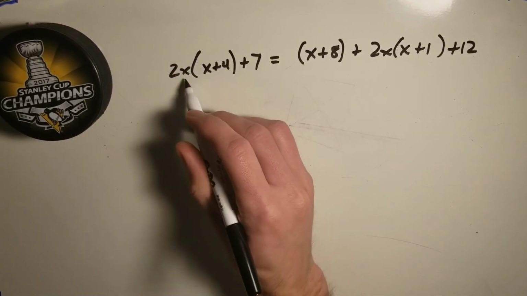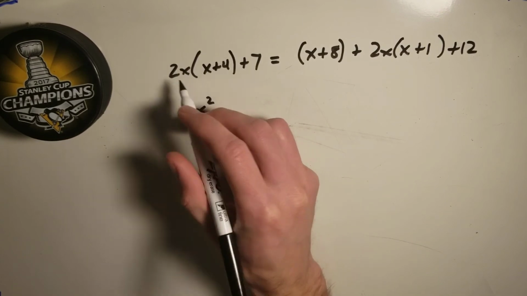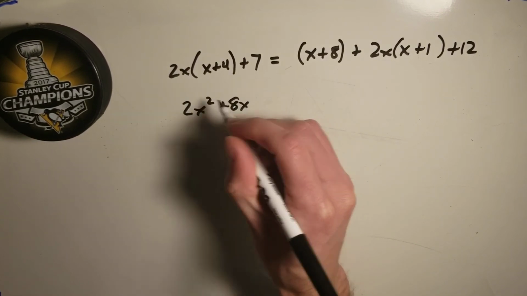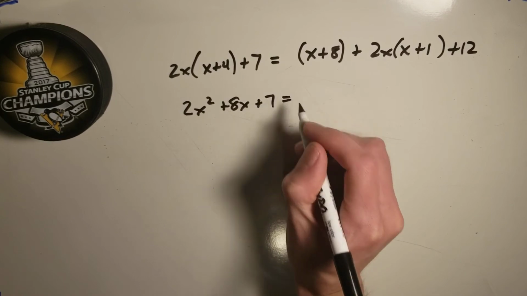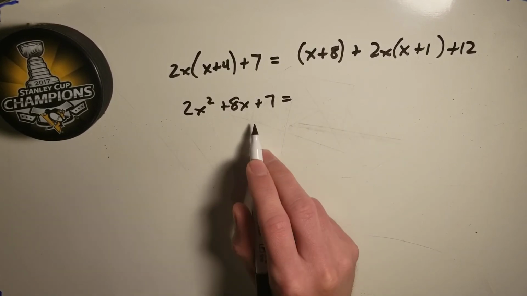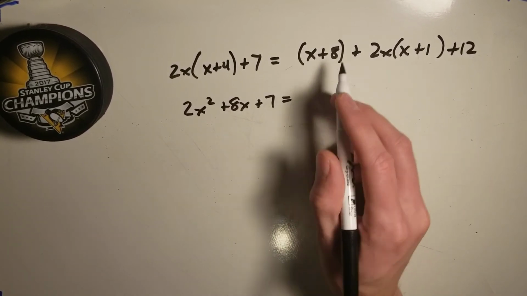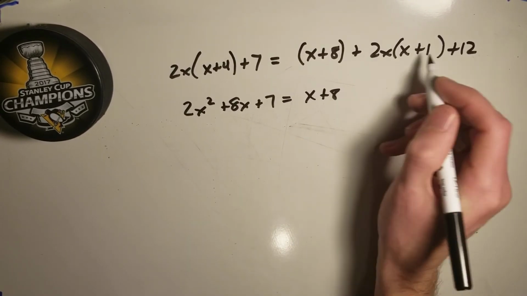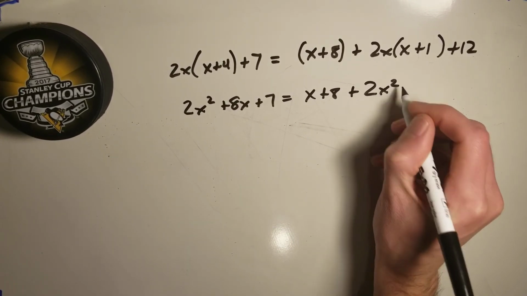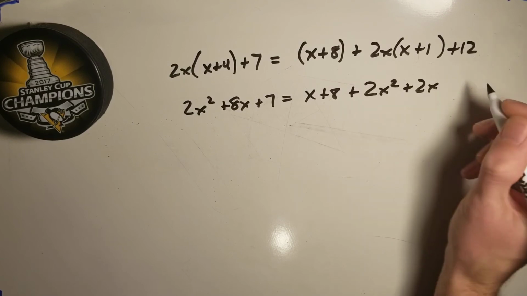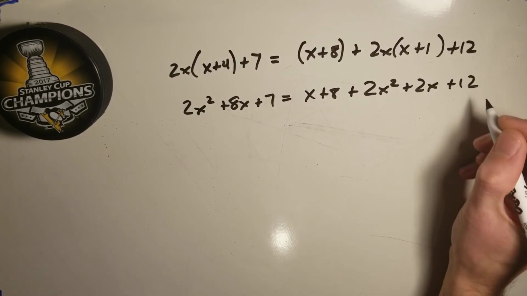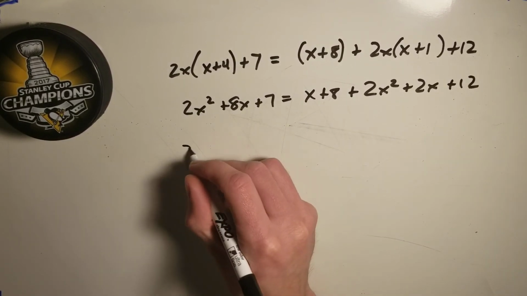So distribute your 2x. You have 2x squared plus 8x plus 7, and we are completely simplified, all like terms combined. Here we still have x plus 8, then we have plus 2x squared plus 2x, and then plus 12. We need to simplify over here.